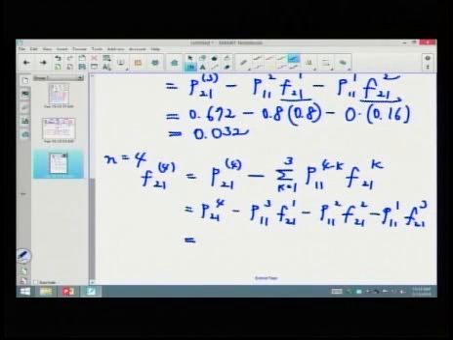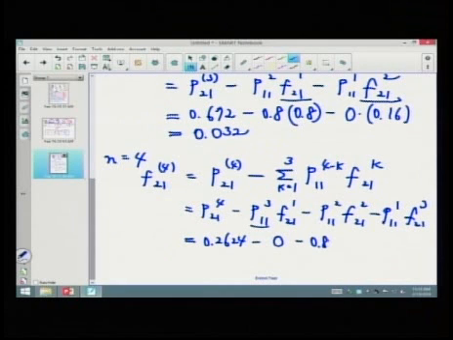And then this is going to be 0.2624, right? And because this is 0, right? So this is 0 minus 0.8 times 0.16 minus 0.16 times 0.8.